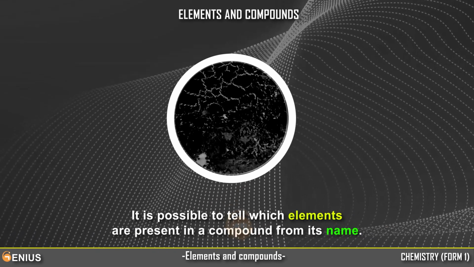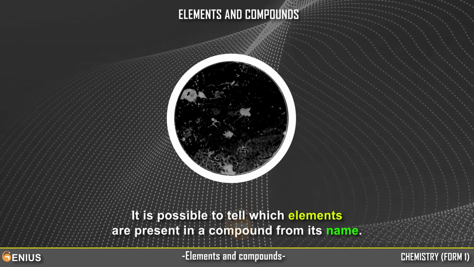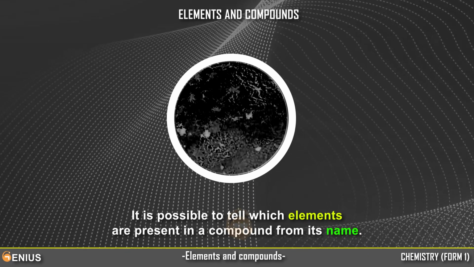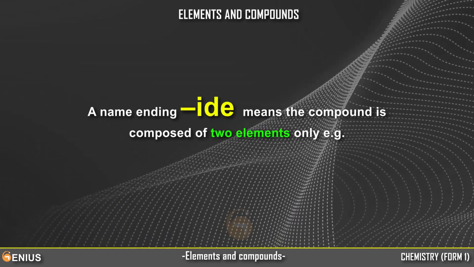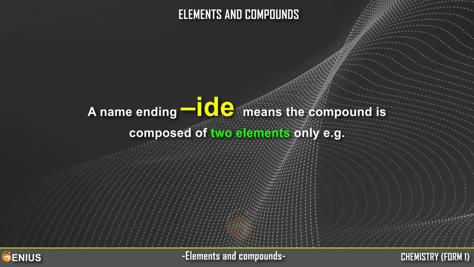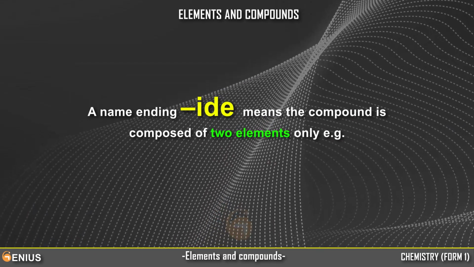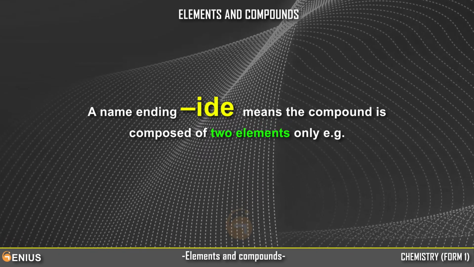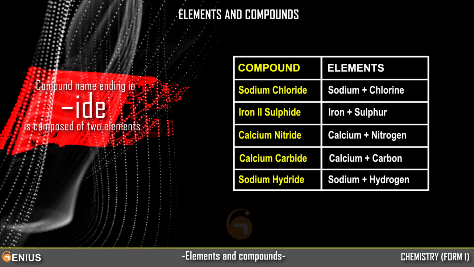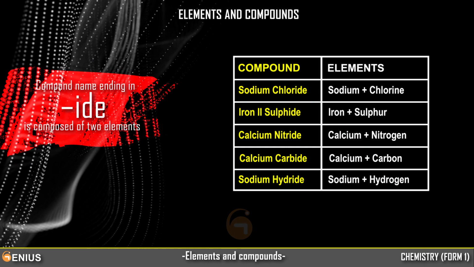It is possible to tell which elements are present in a compound from its name. A name ending with I, D, E means the compound is composed of two elements only, e.g. sodium chloride is made up of sodium and chlorine.